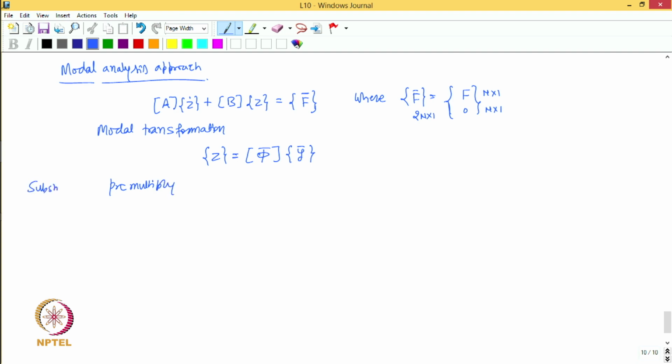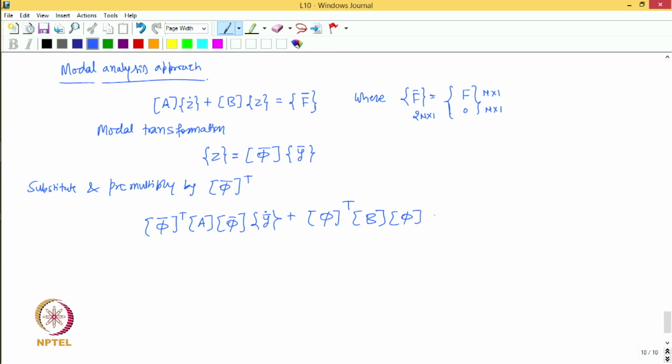So, we substitute and pre-multiply by phi bar transpose. Let us write that expression first: phi bar transpose A phi bar y bar dot plus phi bar transpose B phi bar y bar is equal to phi bar transpose f bar.